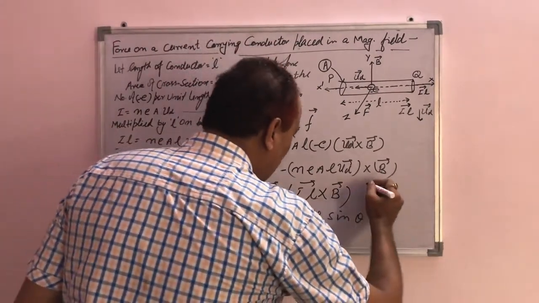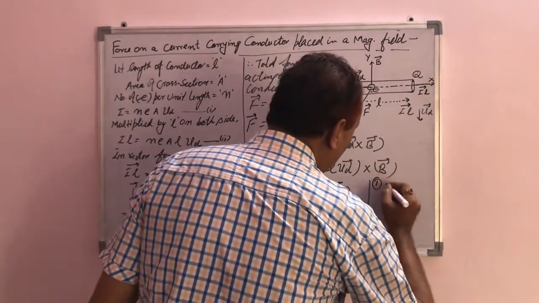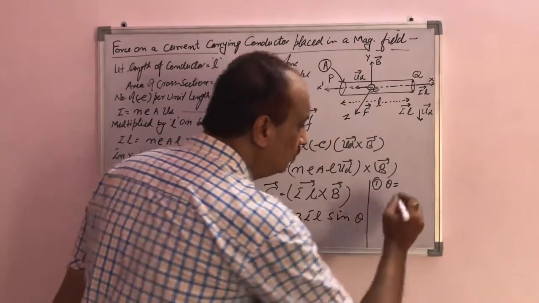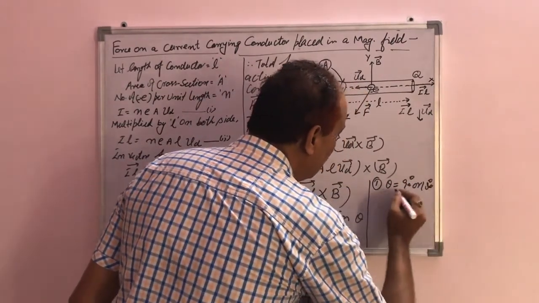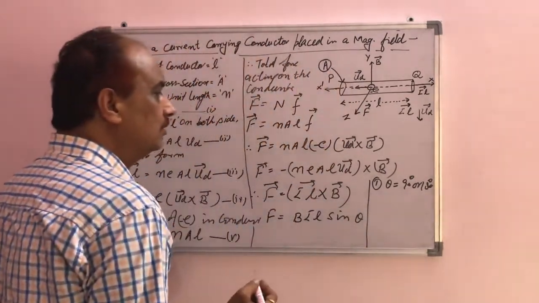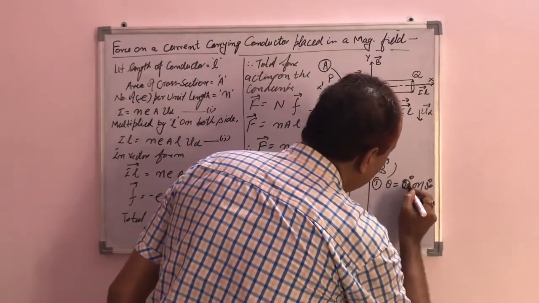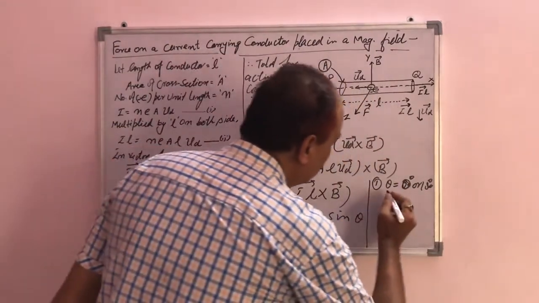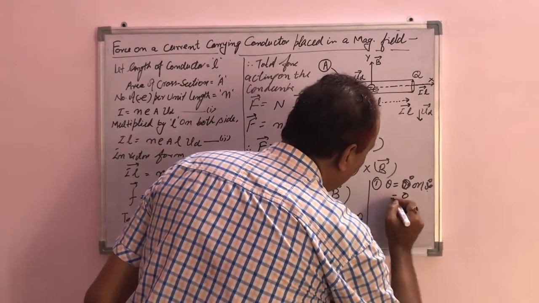Now we can find how much force is acting in the different cases. In case number 1, when theta equals 0 degree or 180 degree, the value of sin theta is equal to 0.